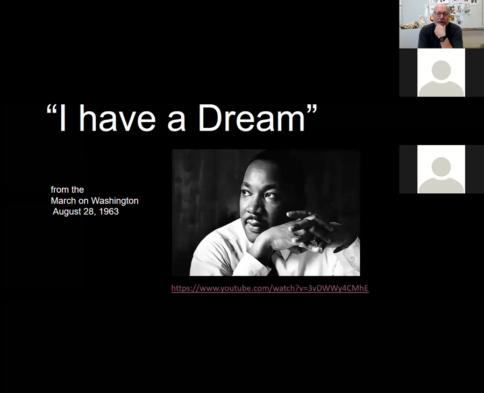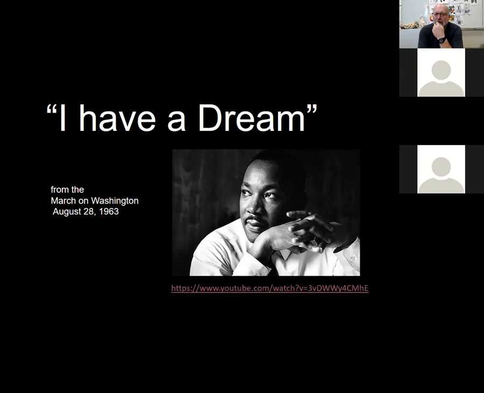You guys probably saw this in one of your social studies classes in high school, but this is the I Have a Dream speech from Martin Luther King from the March on Washington in August of 1963. It was a very hot summer, 1963.